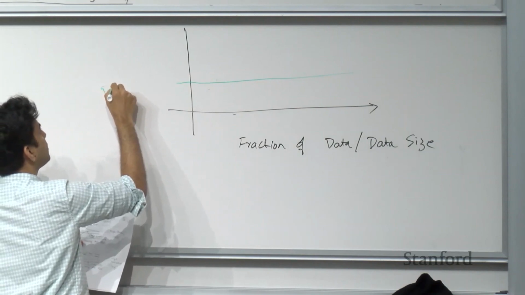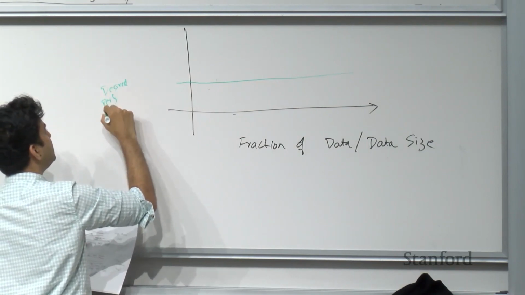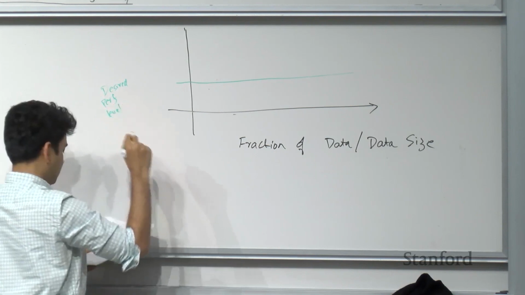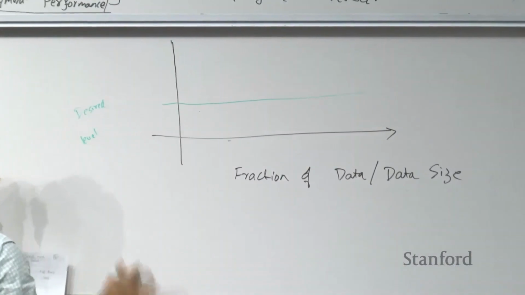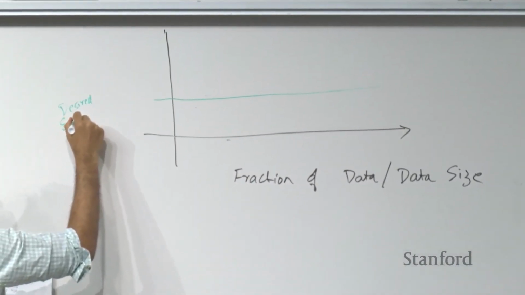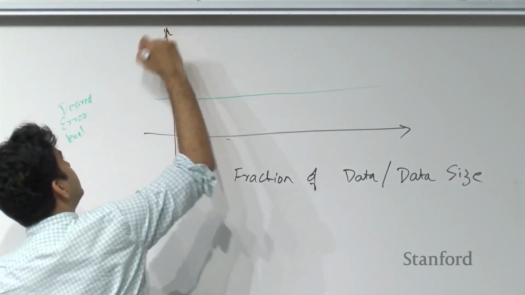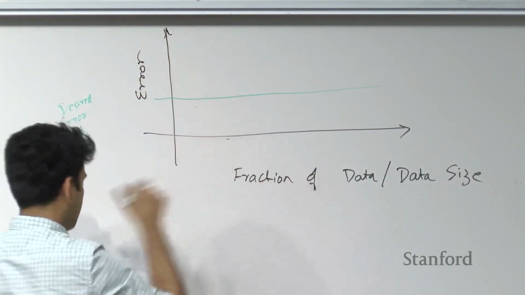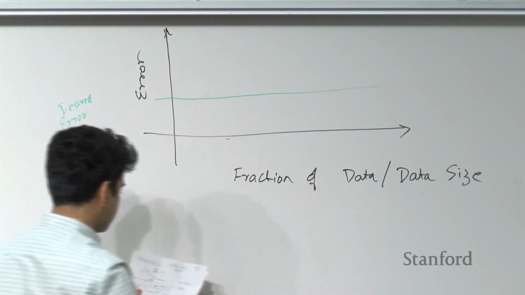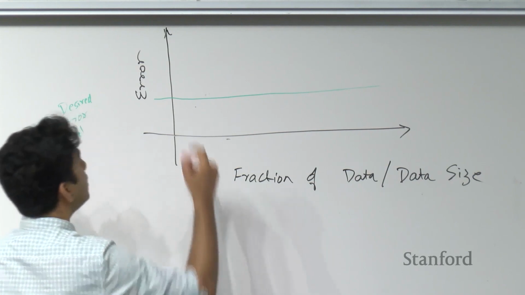The green line is the desired performance level, or let's call it the desired error level. And this axis is error, and this is the fraction of data.